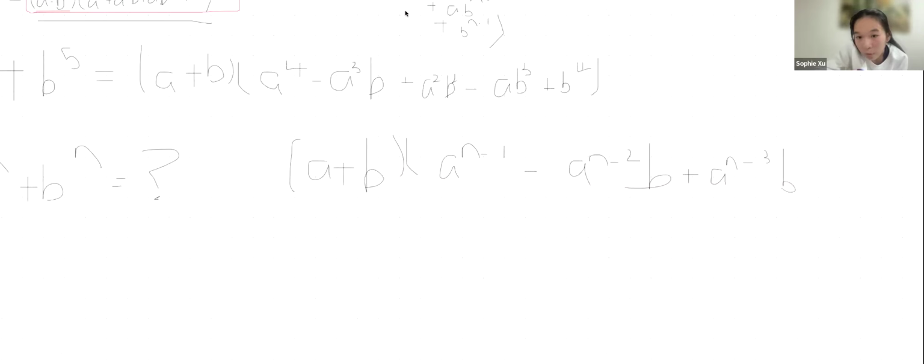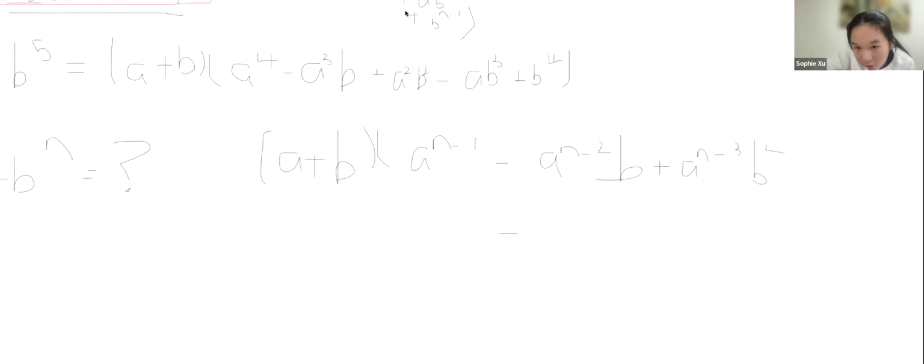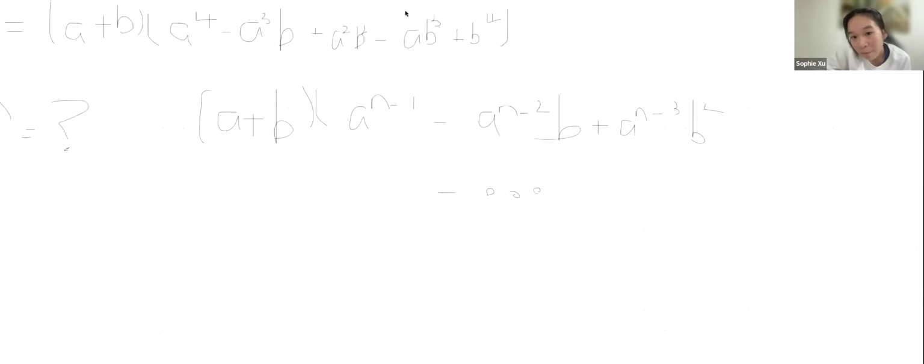And then you go minus and so on, dot dot dot, and then you eventually get to minus a b^(n-2), and then plus b to the power of n minus 1.